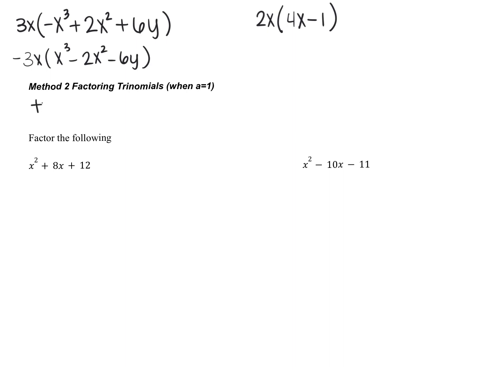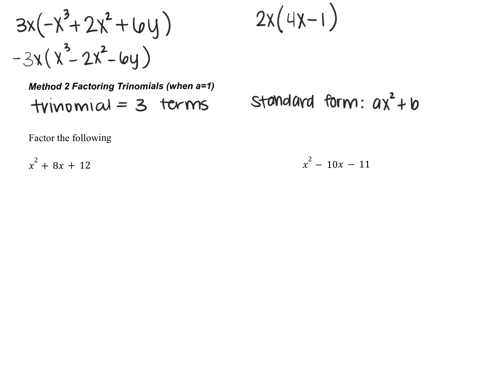So trinomial means 3 terms, and we do have a standard form that they're typically in, and that's ax squared plus bx plus c.